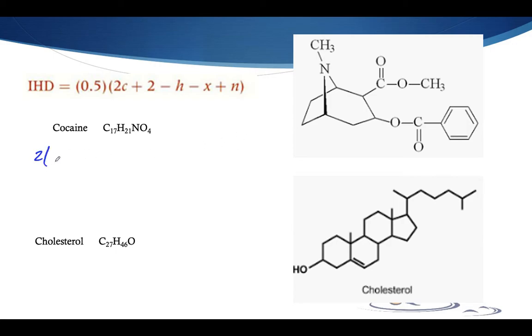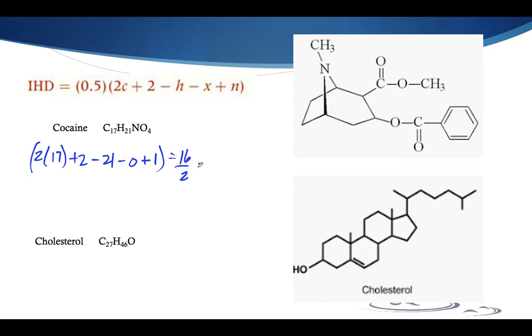So I've got 2 times 17 carbons plus 2 minus 21, no halogens, and a nitrogen. So if I take this 34, 36, minus 21, that's going to leave me with 15, and then plus 1 makes it 16.